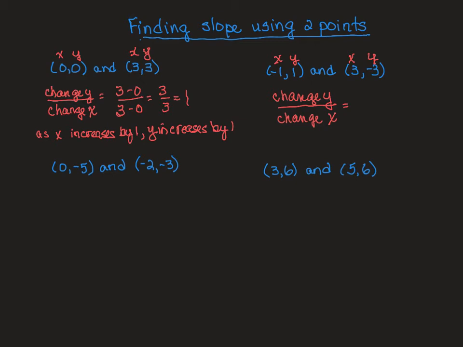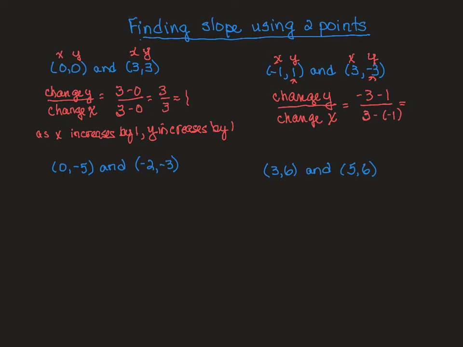So I'm looking here and I'm looking at the y. So I have -3 and I'm taking away 1. Remember I'm subtracting. So here's my -3 and I'm taking away this 1. And on the bottom, the x is going to be 3 and I'm going to be taking away -1.